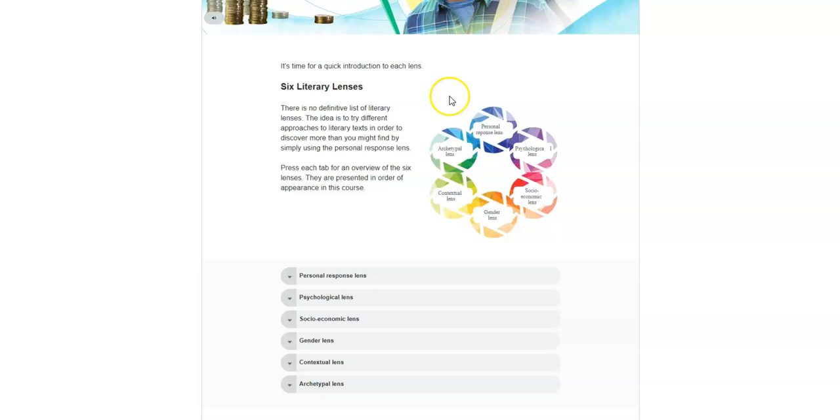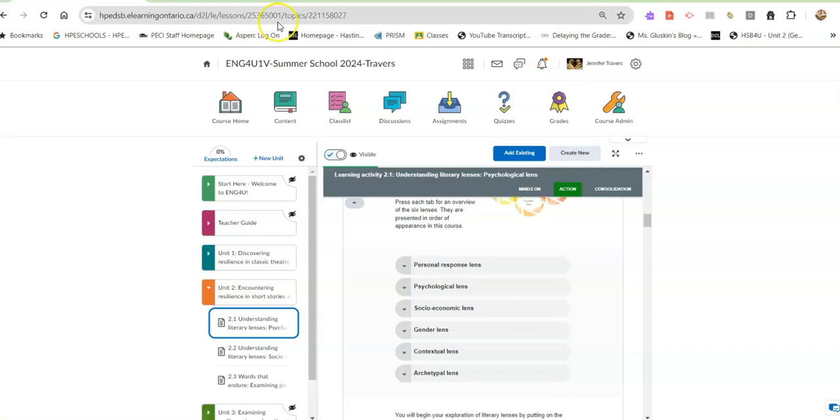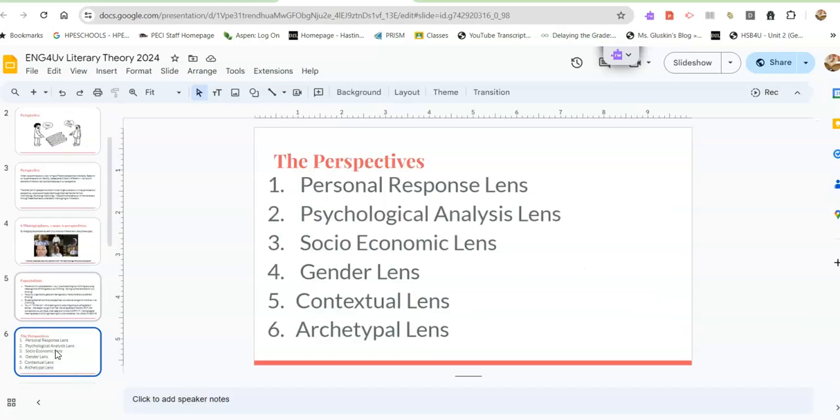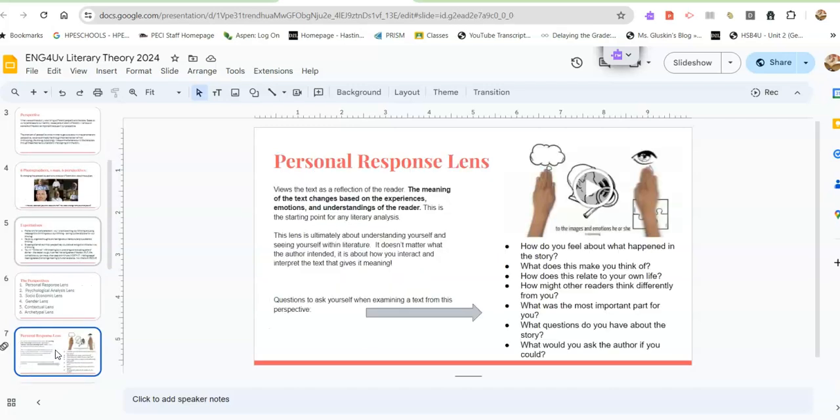So in content and in the announcements, and I've also probably emailed it to you, this video will feature a slideshow that I've actually created. This slideshow is meant to explain what lenses are, but also to give you a reference guide for each of the lenses that you're going to be going through in the content for Unit 2, Activity 1, 2, and 3.